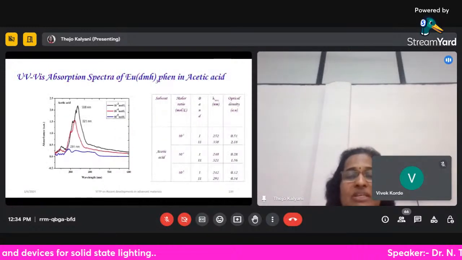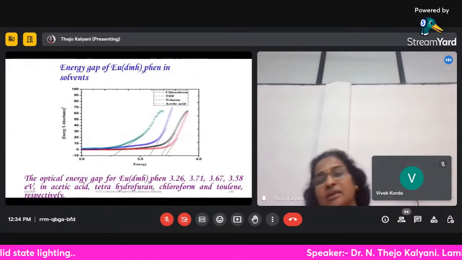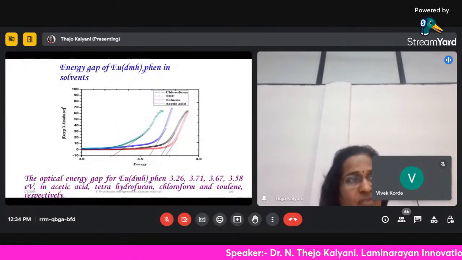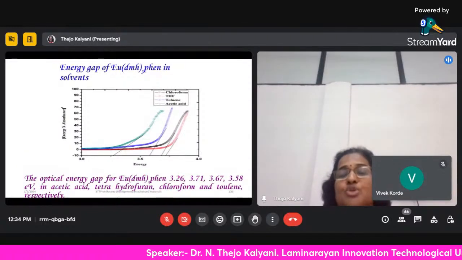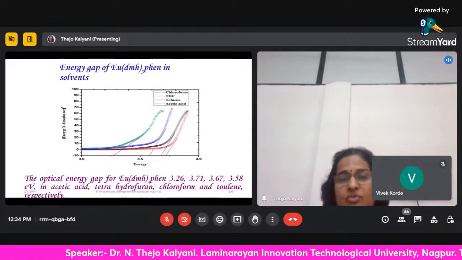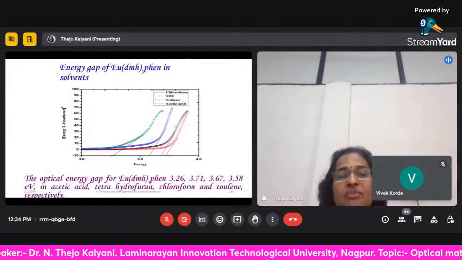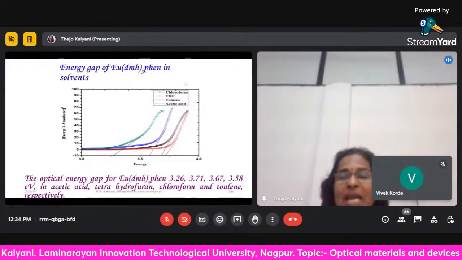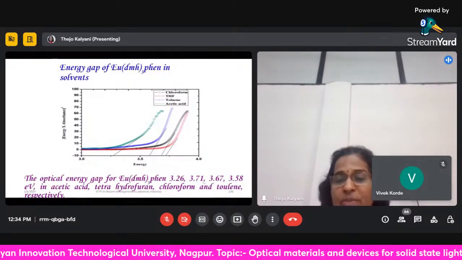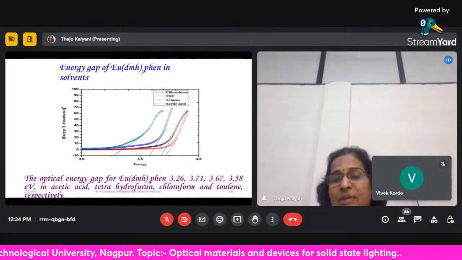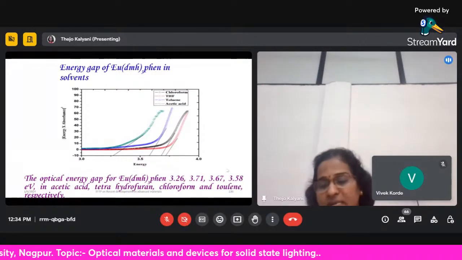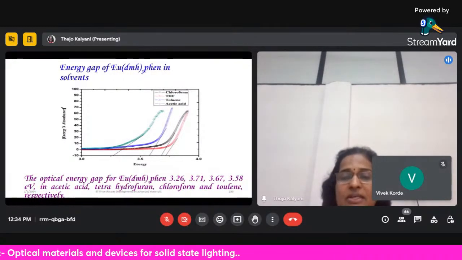With these results, we have confirmed that polar solvents are more suitable for the formation of thin films. We also tried to find out the energy gap of the materials. The energy gap was found to be a bit more in this case as compared to the earlier case. Still, they have given us a good result.